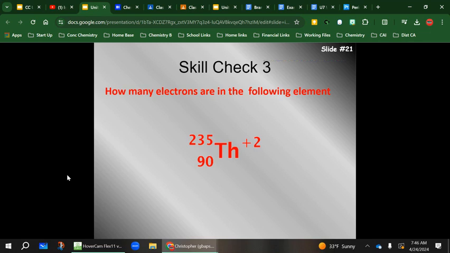Okay? So, again, the only thing I need my periodic table for is to figure out that TH is thorium. That's it. Otherwise, everything else, protons, neutrons, electrons, mass number, all given there for you, ladies and gentlemen. You do not have to do anything with your periodic table. You can simply look at the symbol.